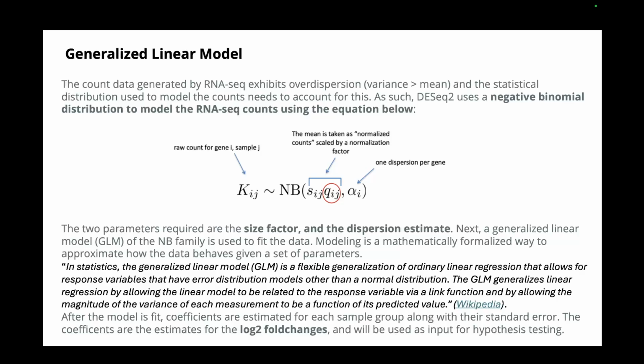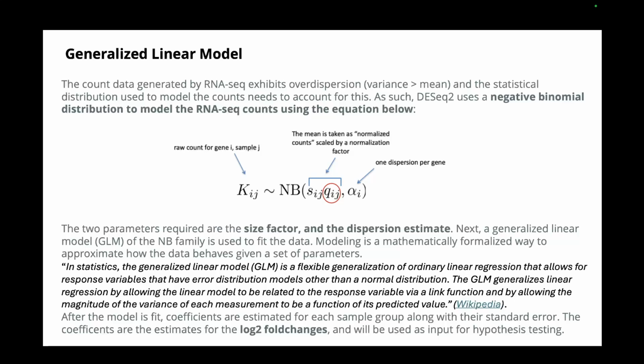So you'll have something like this, and in the middle it will be more depressed and the spread will be more. That is what we mean by over dispersion. It's the ratio between variance and mean. So the count data generated by RNA-seq exhibits over dispersion, and the statistical distribution used to model the counts needs to account for this.